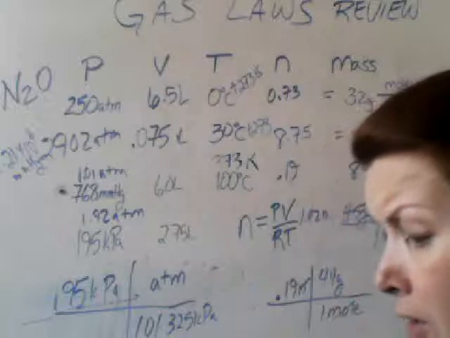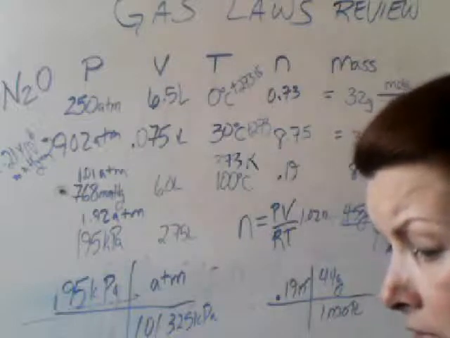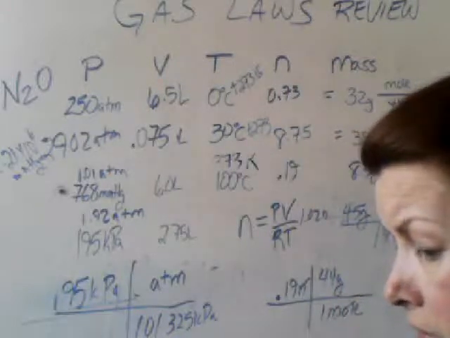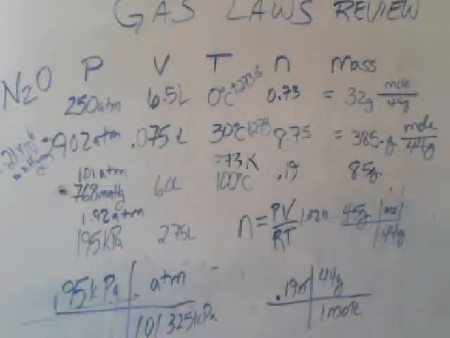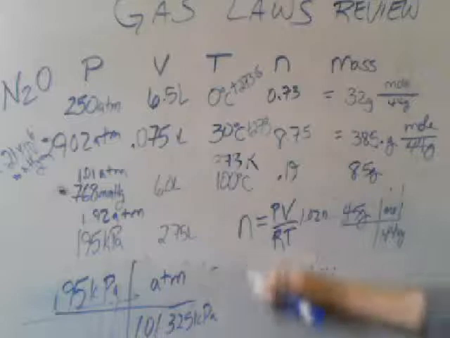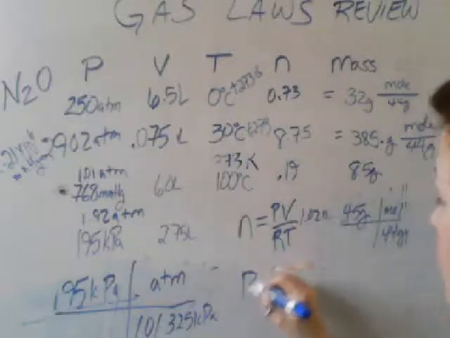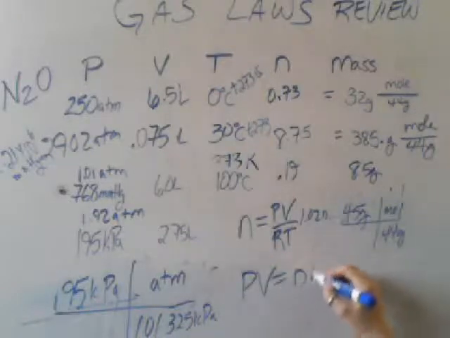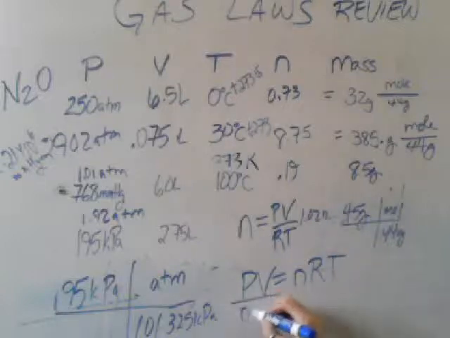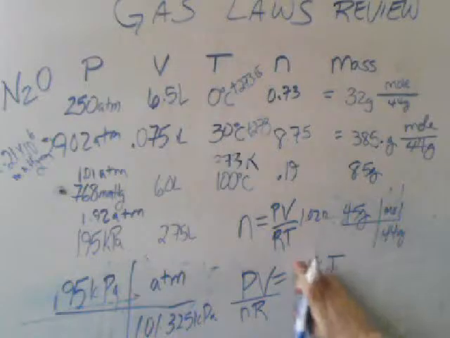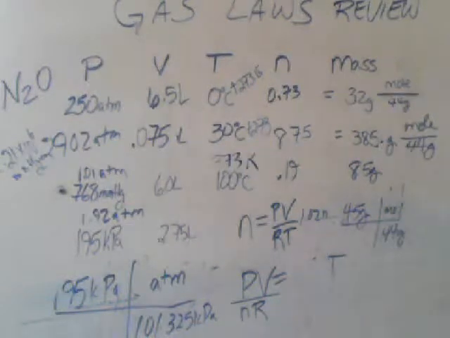So we have moles now, we have our volume and our pressure, and we have R, so we're going to be solving for temperature this time. So when we have our equation, PV equals nRT, we want to solve for temperature, so we want to divide both sides by n and R to find the temperature.